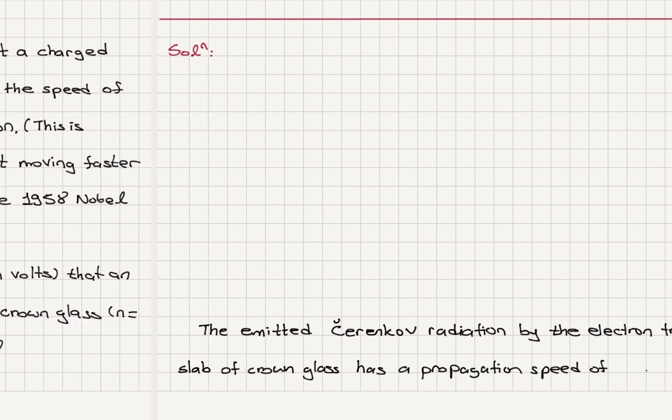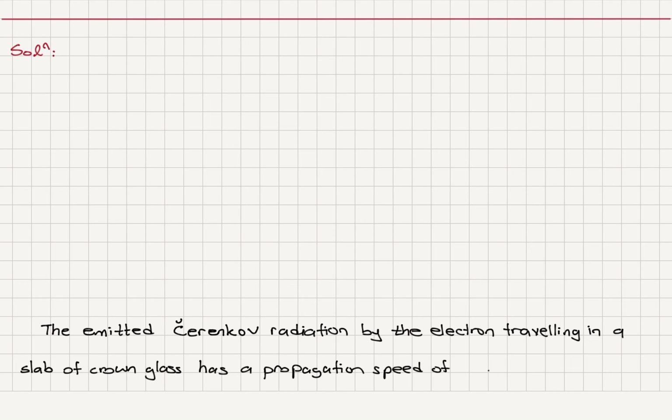Okay, now we have to remember the relativistic kinetic energy. What is the relativistic kinetic energy? It is the relativistic correction factor gamma minus 1, times mc squared, mass times the speed of light squared.